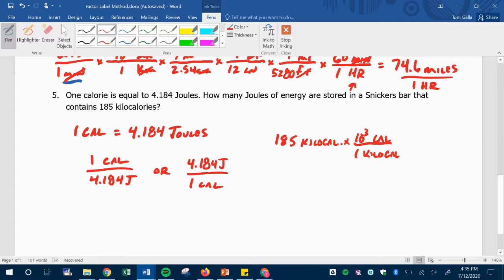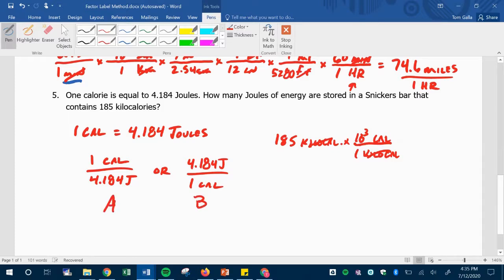So now that we have this, that gets us from the kilocalories to just regular calories. And we need to know how many joules of energy are stored. So now if we want joules and we need to cancel out calories, looking at our first conversion factors here, we have conversion factor A and conversion factor B.